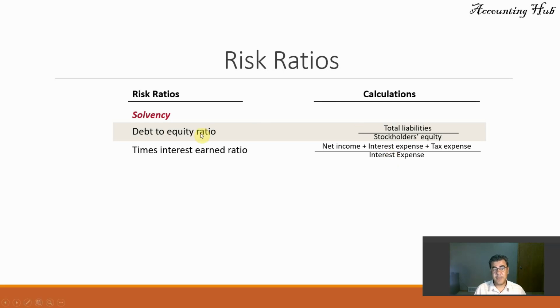And by the way, for the debt to equity ratio, there are some textbooks that provide another ratio called debt to asset ratio. That is total liabilities divided by total assets. Not so often, but you can see it. The number will be different, however, the interpretation of it will be the same.